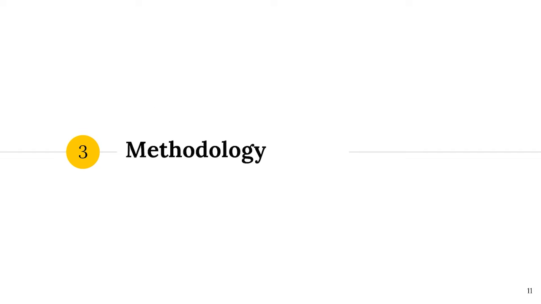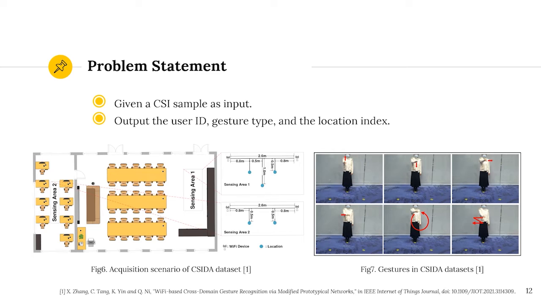Okay, let's move to the crucial part, the methodology of this work. The problem addressed in this paper is Wi-Fi-based multitask sensing under the aforementioned challenges, task imbalance and task discrepancy.